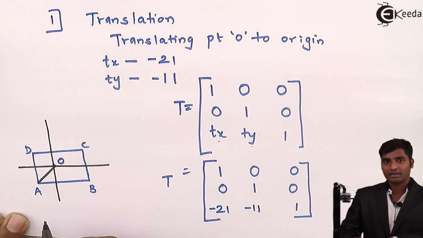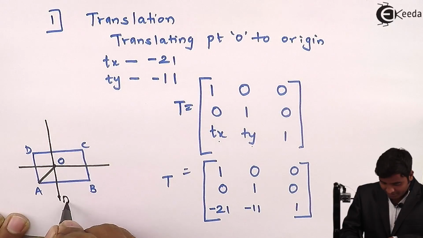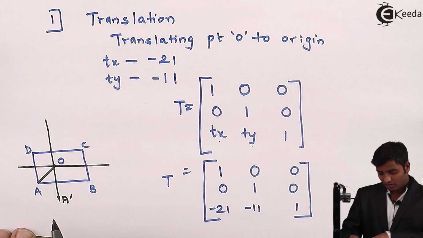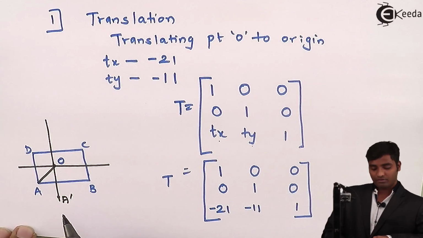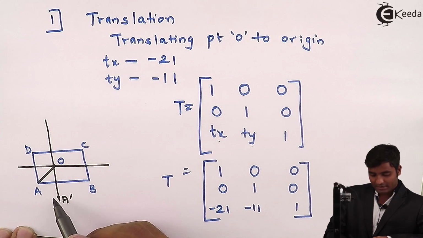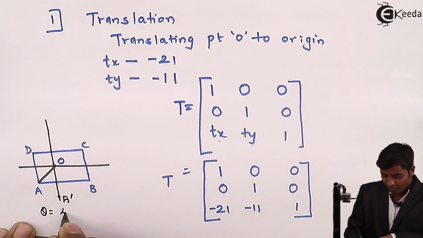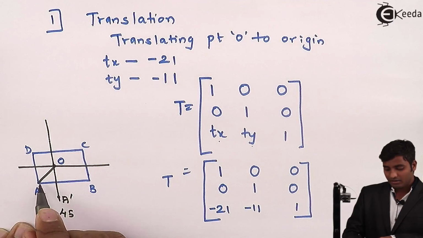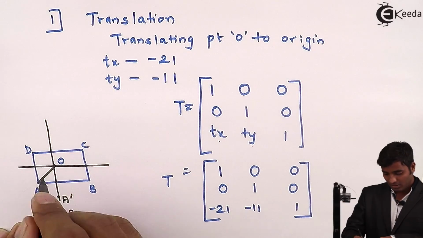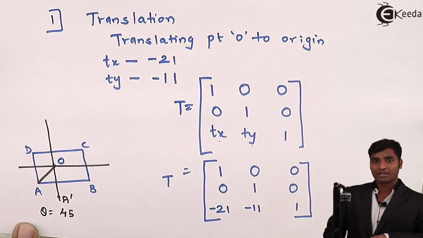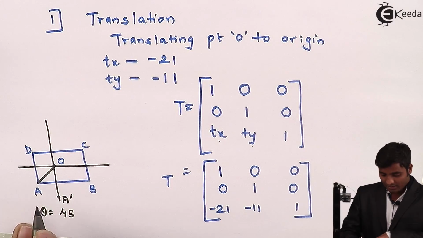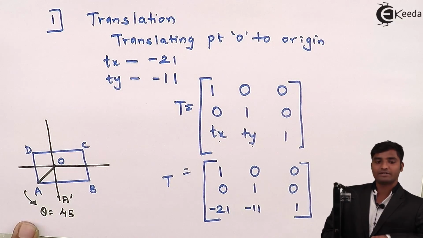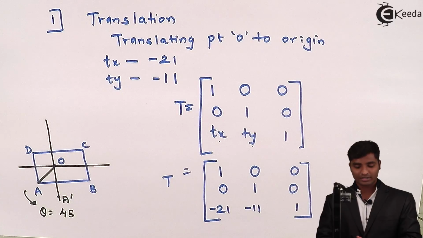After rotation, A will come somewhere here, so I will name it A dash. The angle theta is 45 degrees. For A to reach this line, it has to cover 45 degrees of rotation, and since the direction is anti-clockwise, the sign convention is positive.